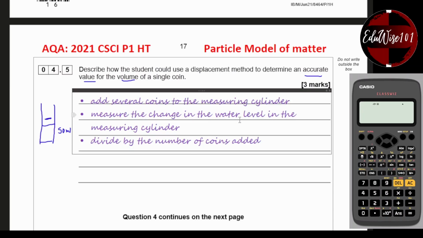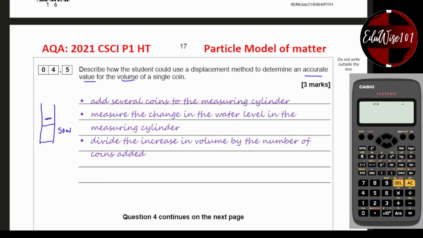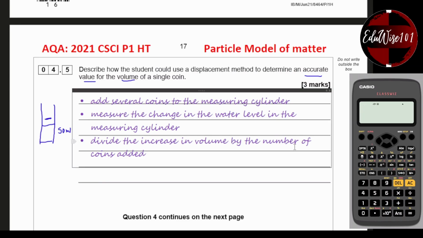Measure the change in the water level in the measuring cylinder. Divide the increase in volume by the number of coins added to get the volume of one coin.